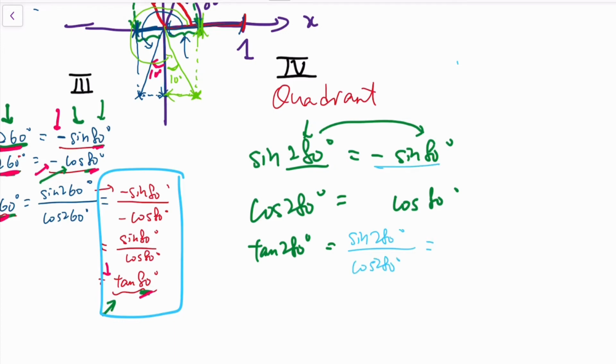Sine 280 is negative sine 80 over cosine 280 is cosine 80. So this time we have a negative over a positive, so overall it's negative. So it becomes negative sine 80 over cosine 80, but sine over cosine is tangent, so that's tangent 80. So at the end, tangent 280 is negative tangent 80.